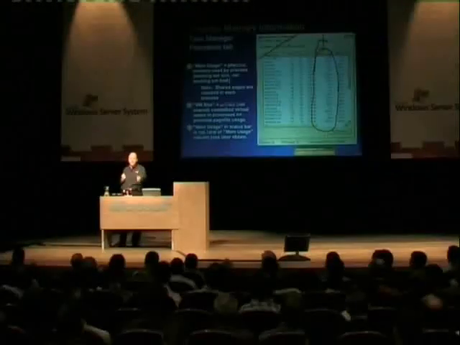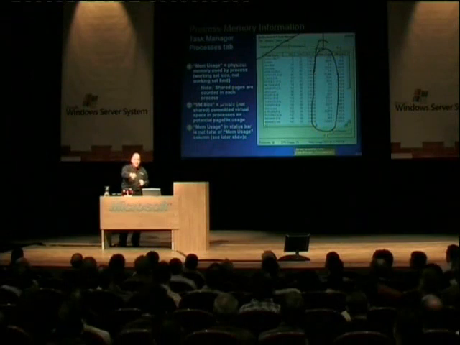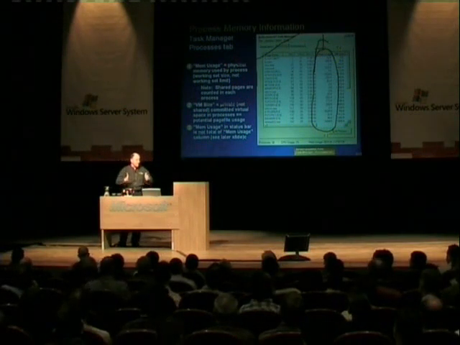But physically, you're going to be in this box. So the process continues to create new pages, but as it's creating new pages, the OS is doing what? Taking away. Process wants to create a new page, the OS takes a page away. And it keeps the working set size to some fixed number. So that is not the right number to look at to diagnose a process virtual memory leak.